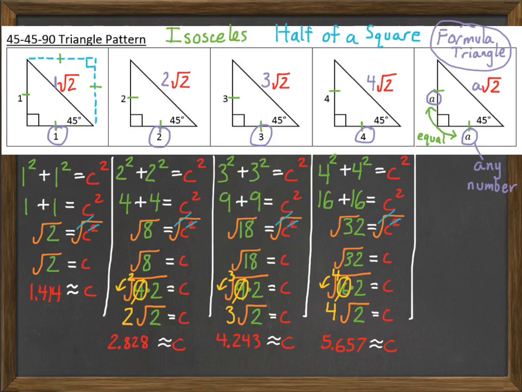Whatever number was in the place of A showed up on the hypotenuse in front of the square root of 2. You've got 1, 1, 1 square root of 2; 2, 2, 2 square root of 2; 3, 3, 3 square root of 2; 4, 4, and 4 square root of 2. The next one, if A was 5, it would be 5, 5, and 5 square root of 2. If you can just recognize that pattern, it makes the question real easy because then I just know the answer.